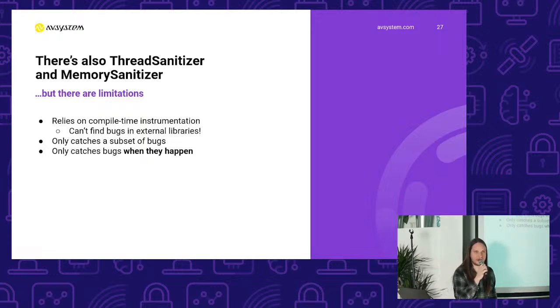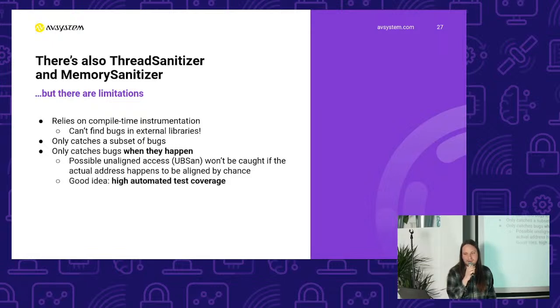And also, even worse, if a bug is even able to be caught by, for example, undefined behavior sanitizer or address sanitizer, if you have, for example, possible unaligned memory access, but you just so happen to calculate an address that by chance happens to be aligned, this will not be caught. You need to have an actual bug in runtime for it to be caught.